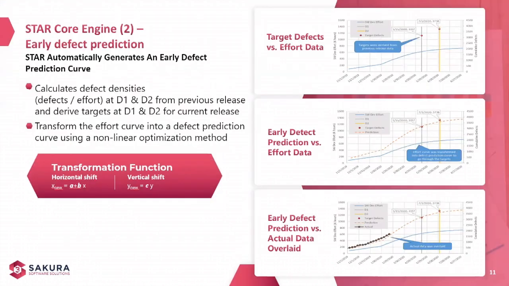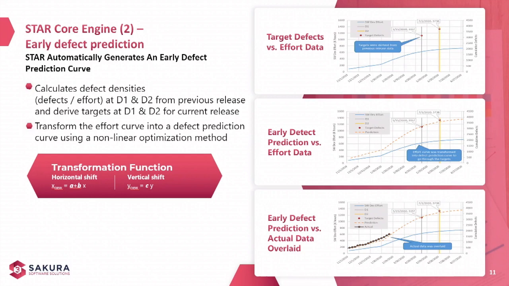All right, next. This is used during the planning phase. Project management wants to know what the defect curve looks like based on the plan we just set up. Okay, plan means assuming the effort data is available.